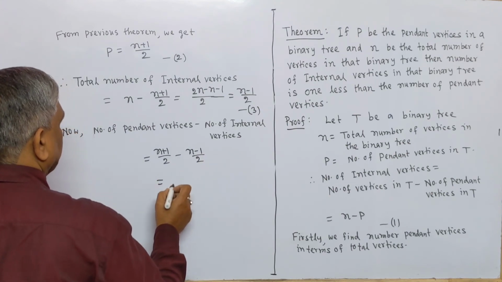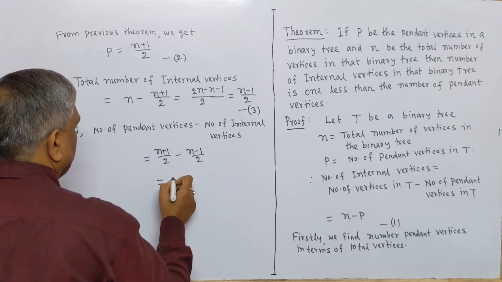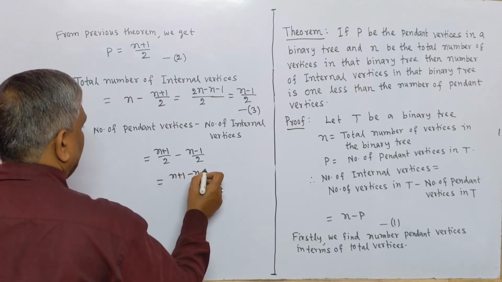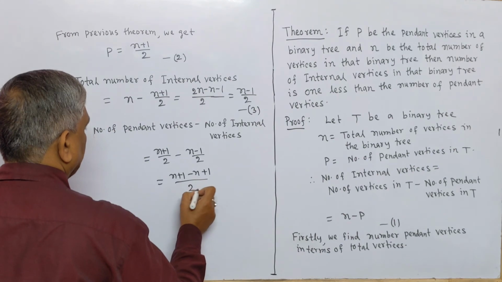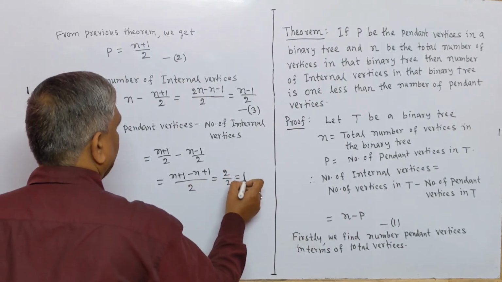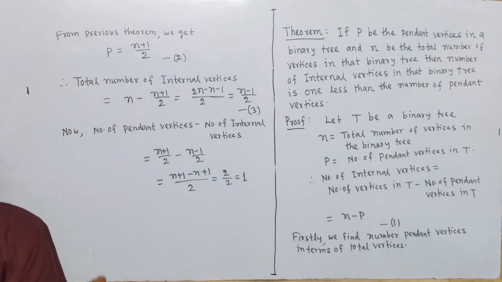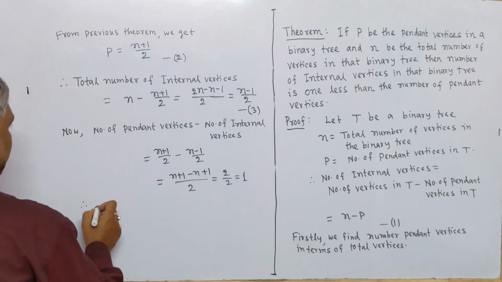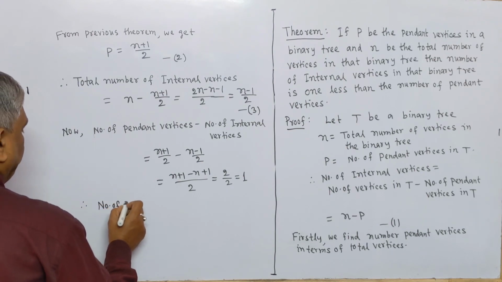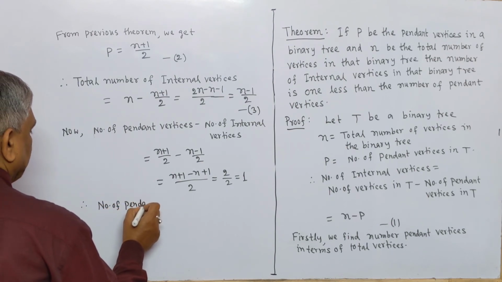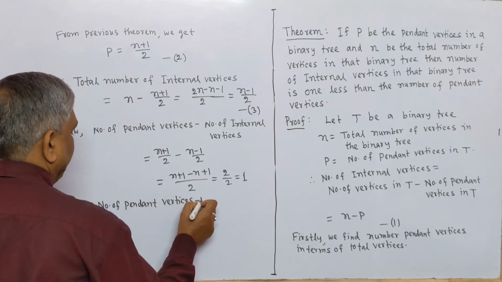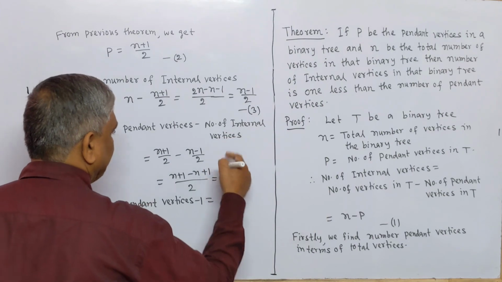This is equal to n plus 1 minus n plus 1 by 2, this is 2 by 2, equal to 1. Therefore, the number of pendant vertices minus 1 equals the number of internal vertices.